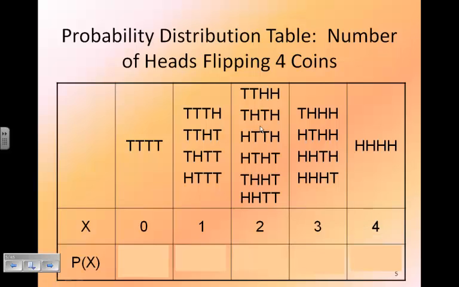And then underneath there, you have to include the probabilities for each one. So the probability of 0 would be 1 out of 16, 1 is 4 out of 16, 6 out of 16, 4 out of 16, and then again 1 out of 16, and notice that if you add them all up, sure enough they equal 16 out of 16, which is 1.